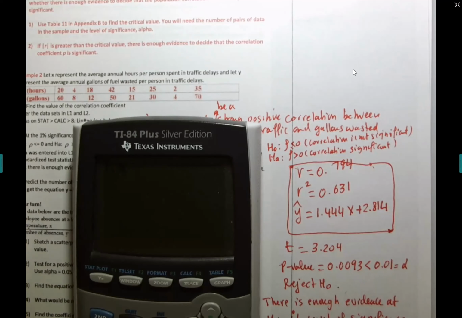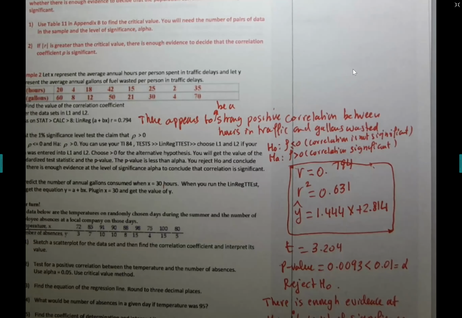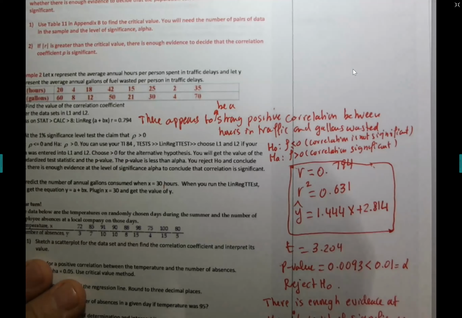Okay. So it's 1.444 times 30 plus 2.814. So we get 46 gallons of gas wasted. Wow. So it's right here.